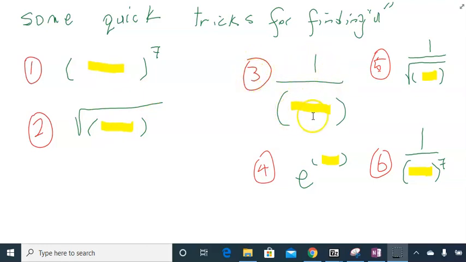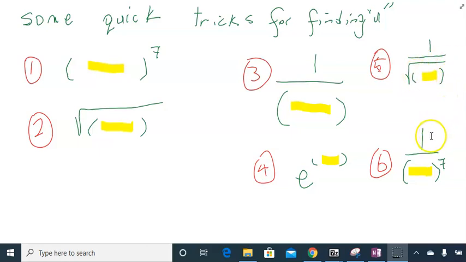Many times it is under a denominator, just everything under a denominator, that is u. Very few times it might be in the numerator, but most times it is in the denominator. Another thing is that it might be up in an exponent. If you have an exponential function, u is inside of the exponent. If you have 1 over a radical something, then the u is usually located under the radical, even in the denominator.